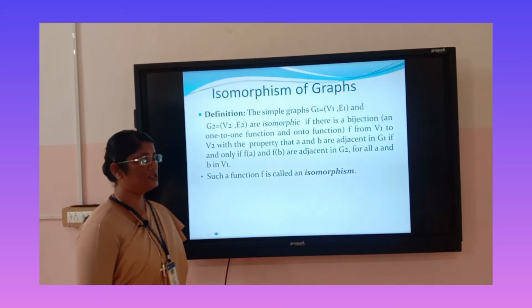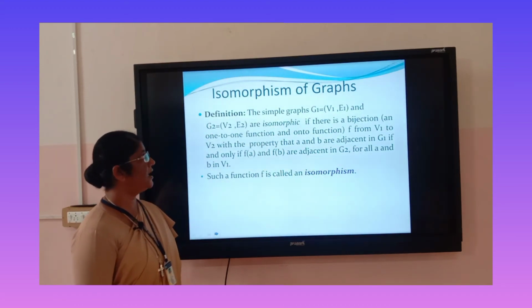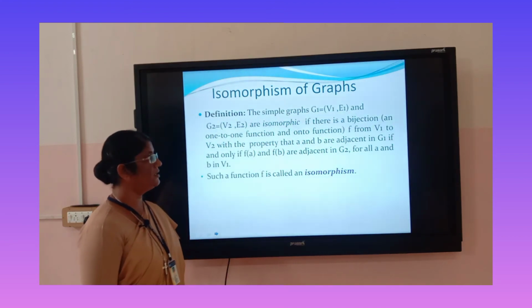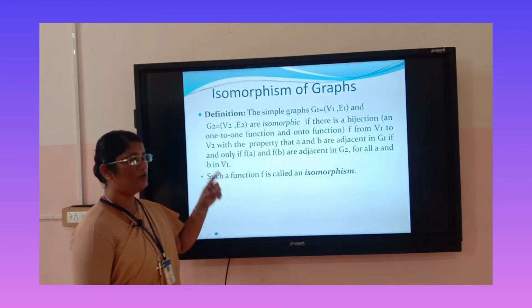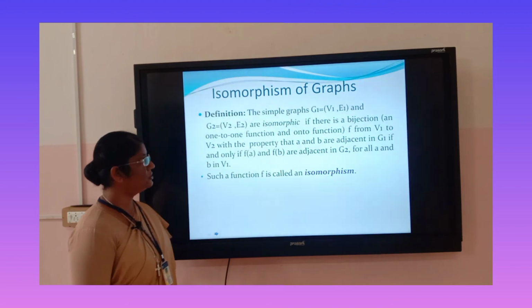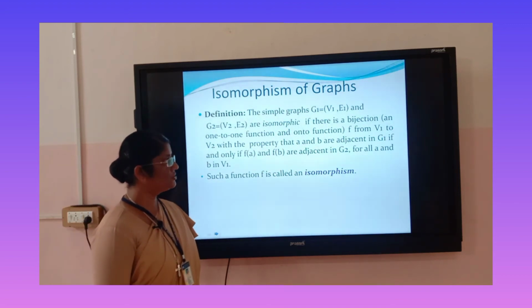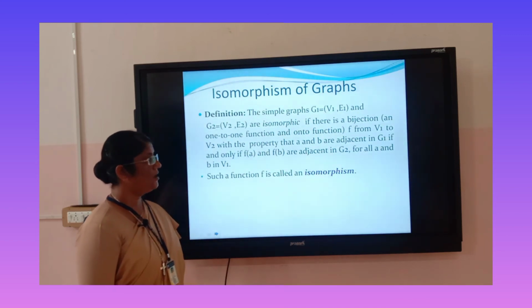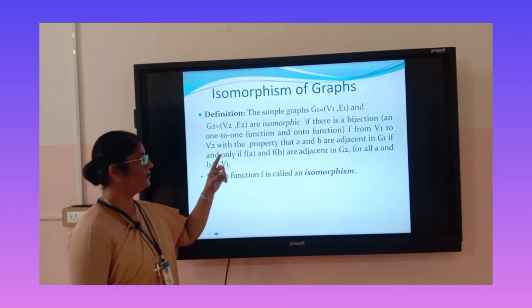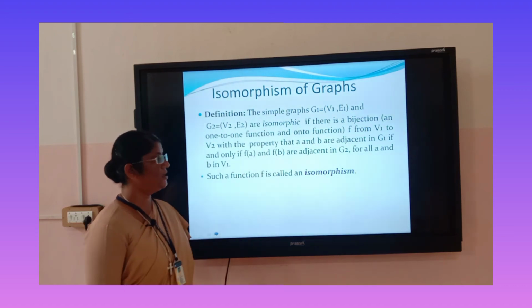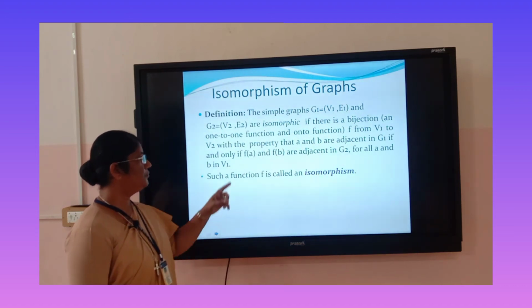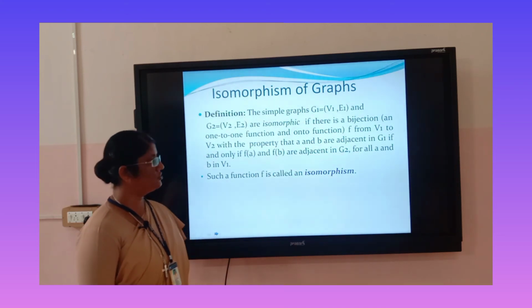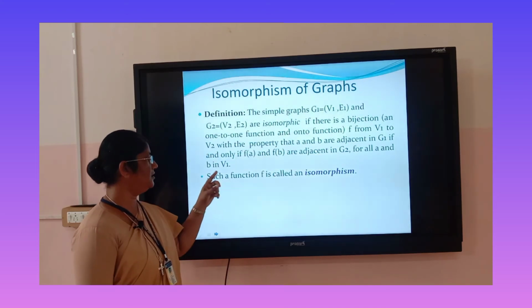Next we will see the definition of isomorphism of graphs. Simple graphs G1 = (V1, E1) and G2 = (V2, E2) are isomorphic if there is a bijection, that is, a one-to-one and onto function f from V1 to V2 with the property that A and B are adjacent in G1 if and only if f(A) and f(B) are adjacent in G2 for all A and B in V1.